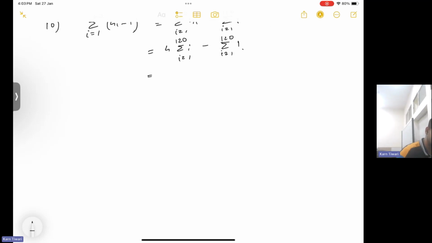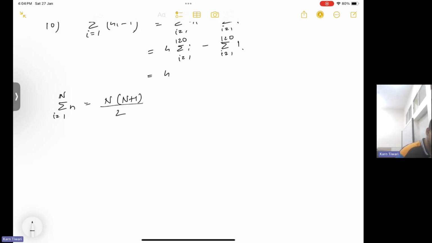You know that the summation of i from 1 to some element, for example capital N, can be written as N into N plus 1 divided by 2, the normal arithmetic progression.